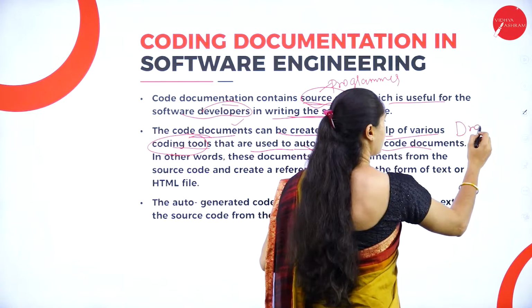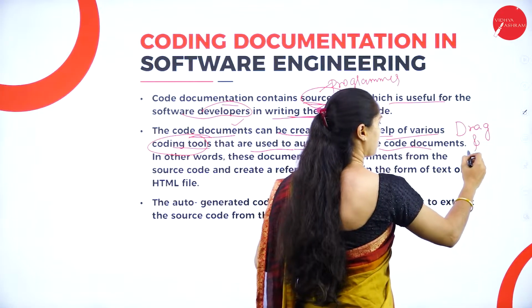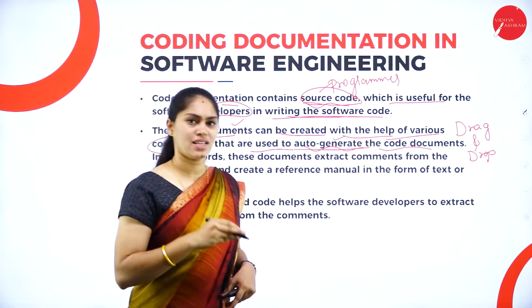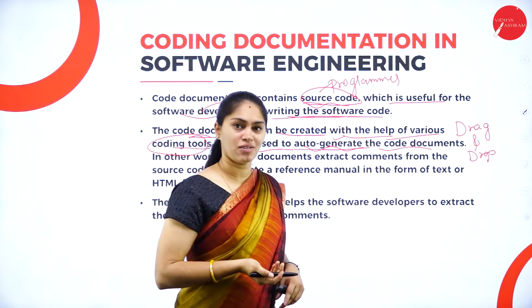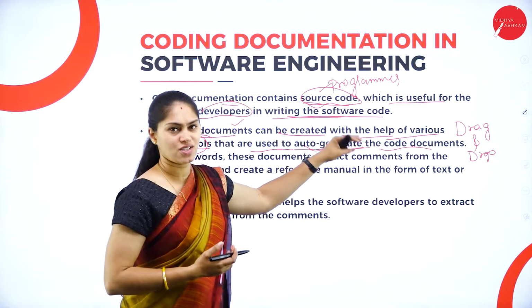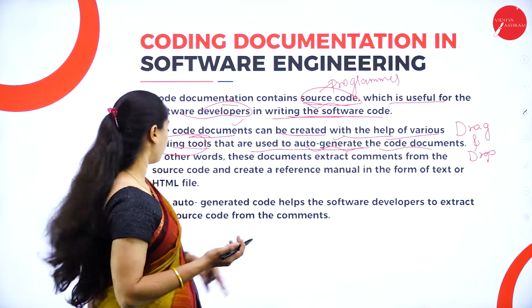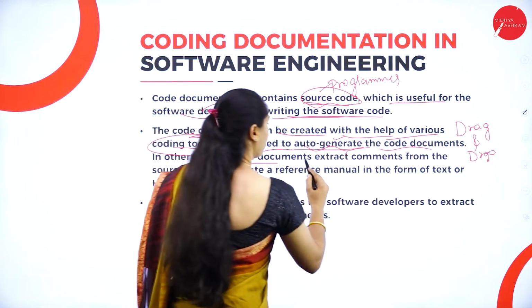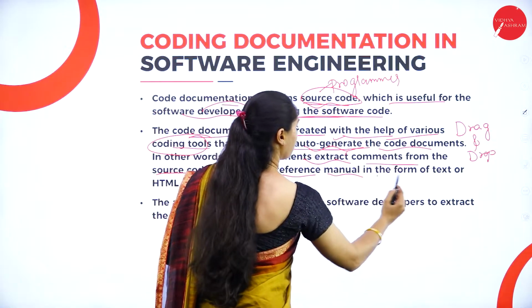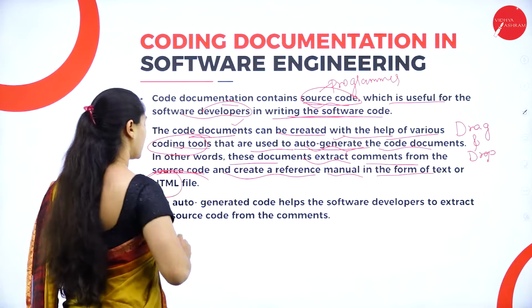When we drag any text box and drop text boxes or radio buttons and so on, if you see its backend, it will automatically generate the code. That is also one of the improved methodologies for making code documentation, so that these documents extract the comments from the source code and create a reference manual in the form of a text or HTML file.